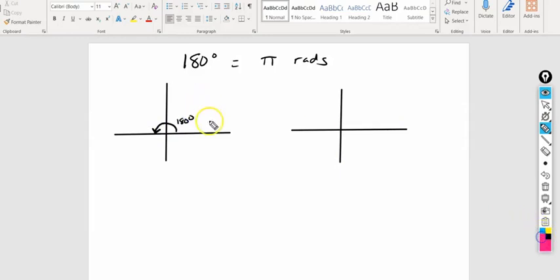That's the same thing as pi radians. And again, the convention is not to even put rads. So 90 degrees, well, it's half of the flat angle. So in radians, that's going to be pi over 2.